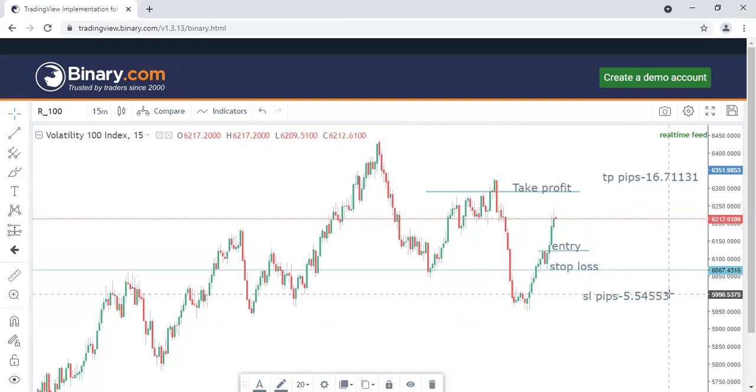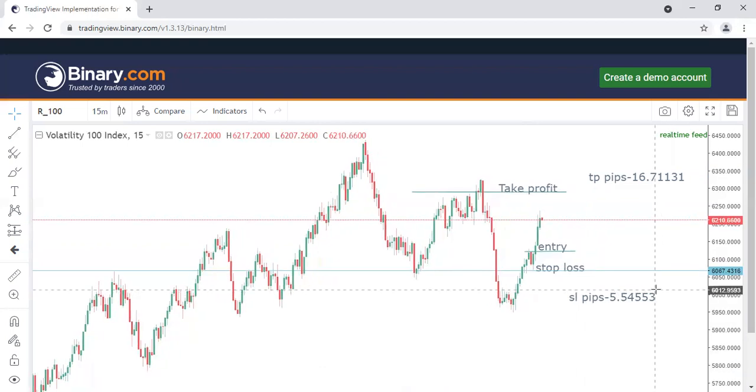In order for us to get the amount we would be risking, and the possible amount we would be making, we just use our SL pips. You need to follow due procedure in order to know the amount you'll be risking and the amount you'll probably be making. Our SL pips from our entry, after we've calculated the whole thing, is 5.5443.